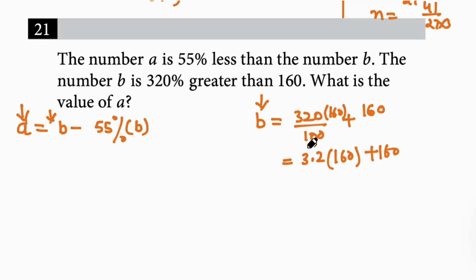Again, I am saying, if you find some concept difficult, comment. I'll make a small video on that too, or explain you in the concept itself. So if you calculate this with the help of calculator, you will end up at 672. So B is 672. Now let's come here, right? Instead of putting B as 672, why not solve this first?